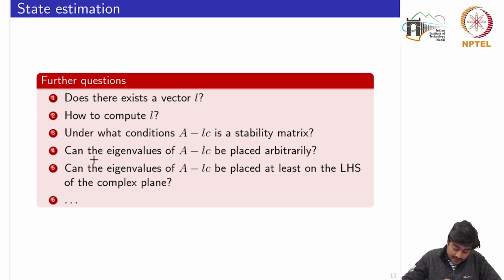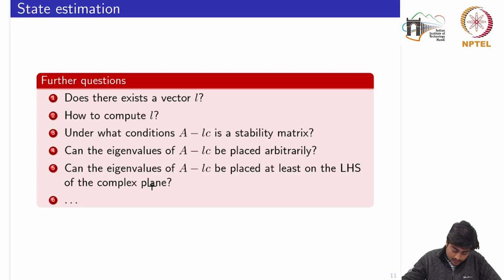Fourth, can the eigenvalues of A minus LC be placed arbitrarily, or under what conditions can we say that the eigenvalues of A minus LC can be placed arbitrarily. Now this is related to the third part. The fifth one, can the eigenvalues of A minus LC be placed at least on the left hand side of the complex plane.